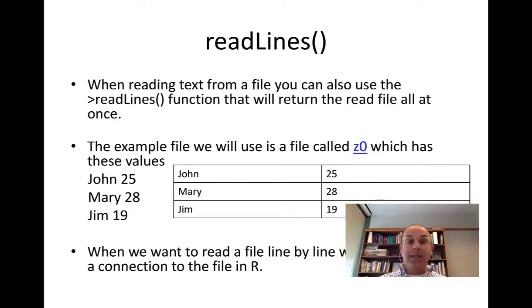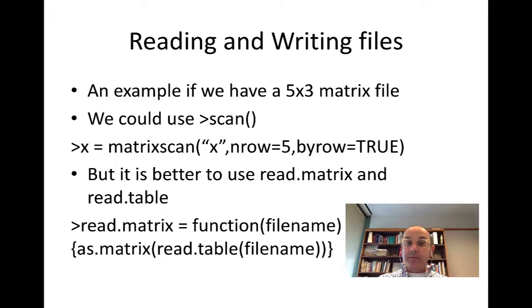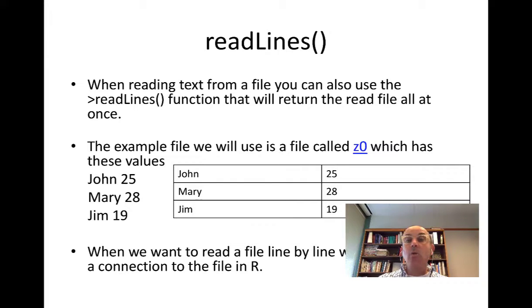When reading text from a file, you can use readLines instead of read.table. In this case, it will come up with the actual lines of the data set, and I am already going to give it to you.